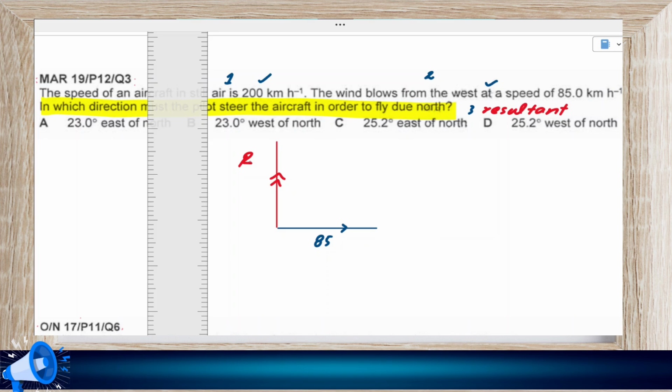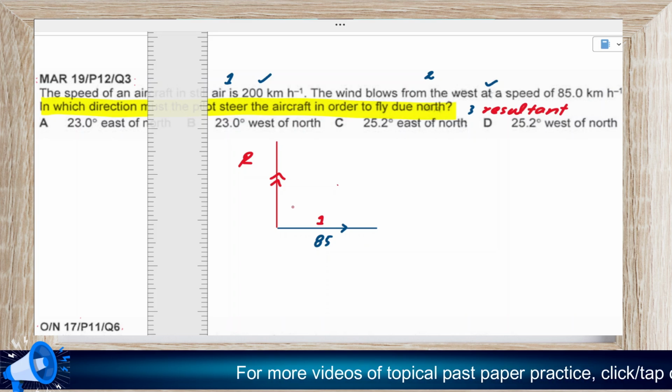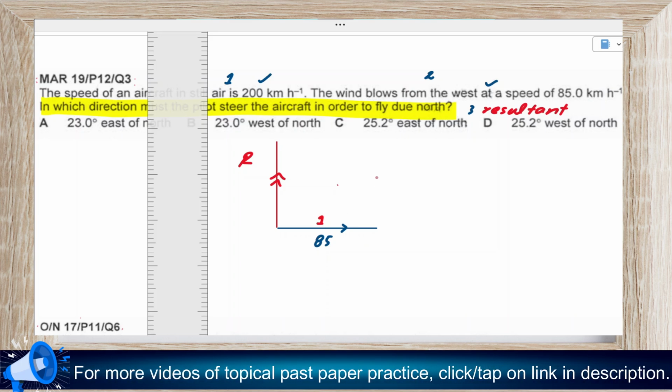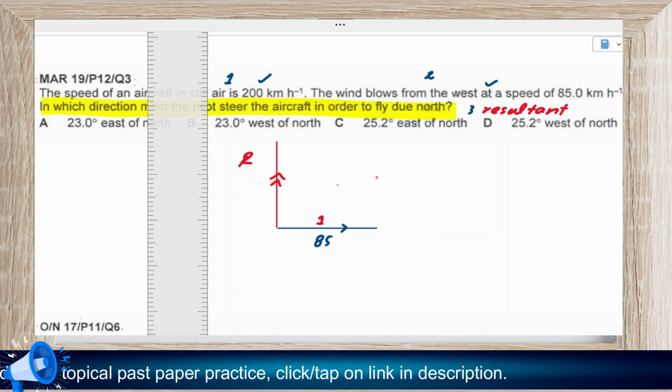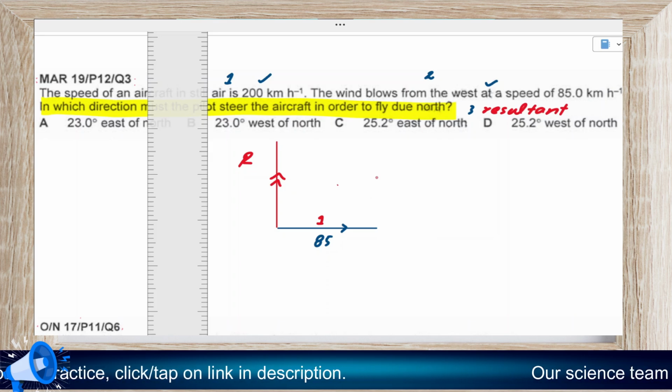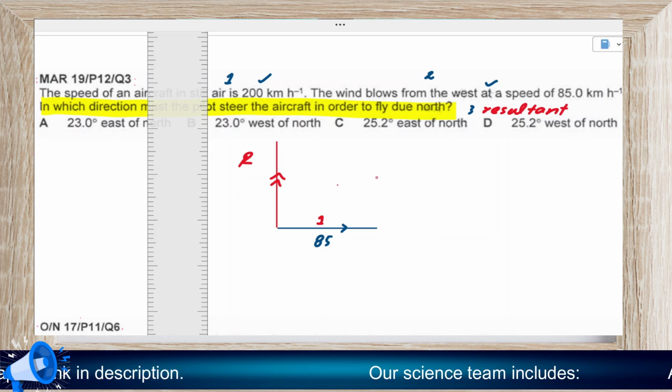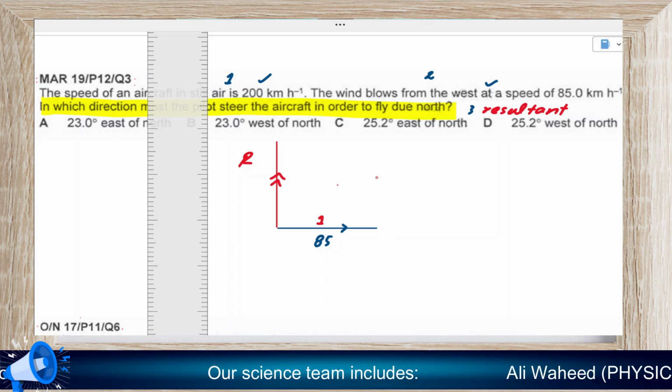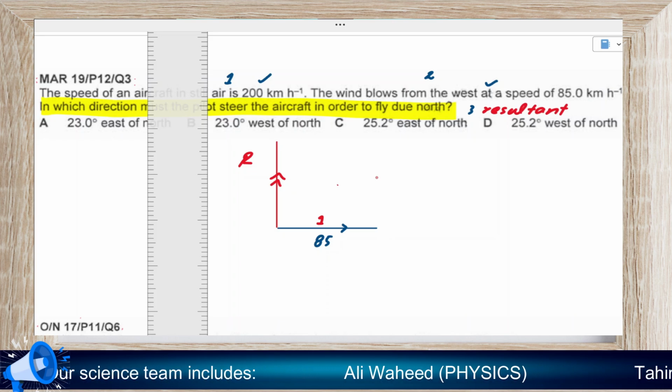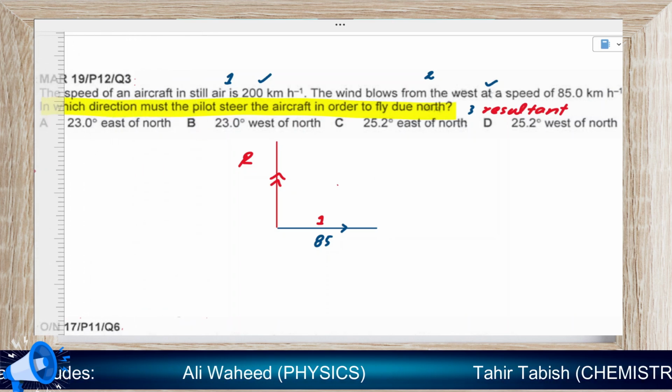And keep it in your mind, if you say this is your first vector, then we don't draw the resultant vector at the end of the first one. The second vector is drawn at the end of the first one. So what is the rule? How do we memorize this?